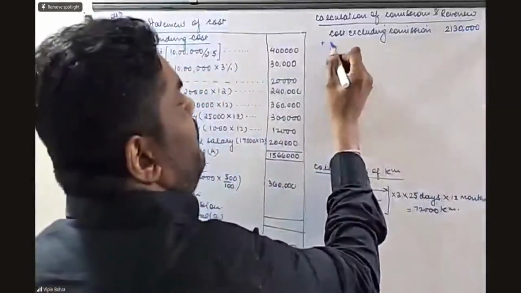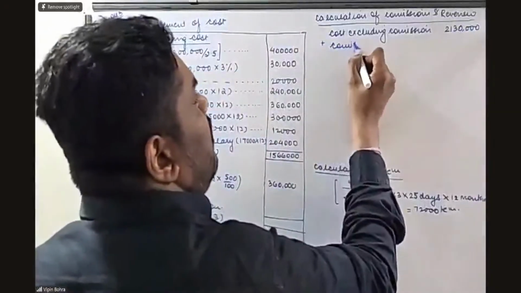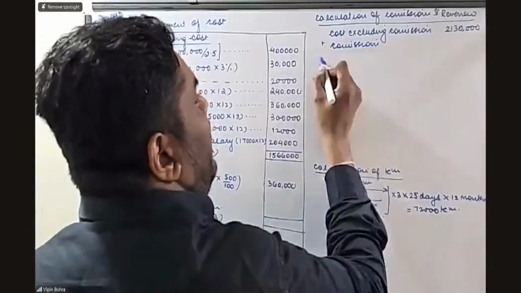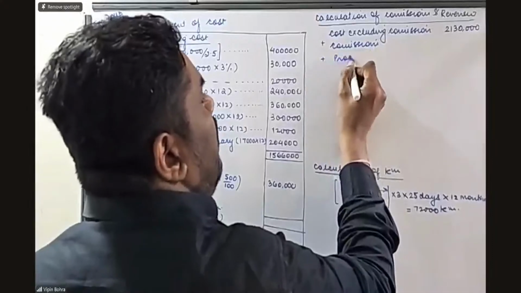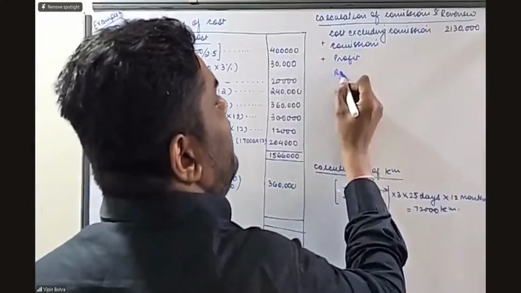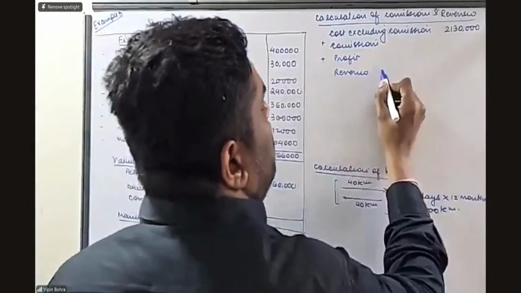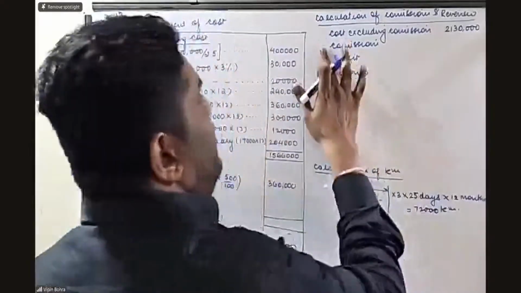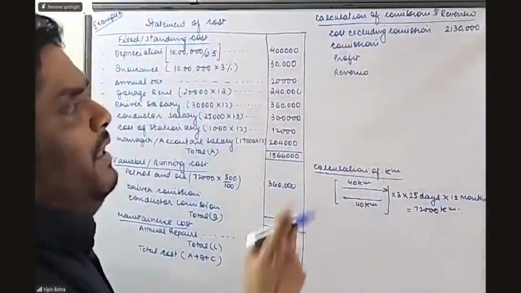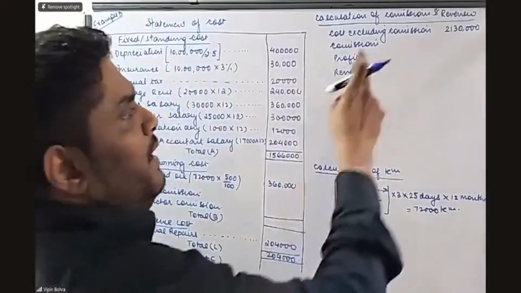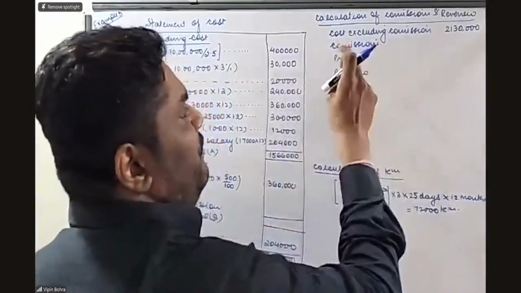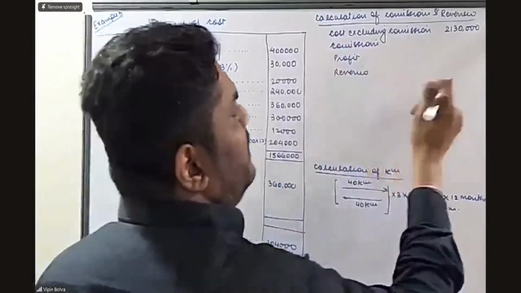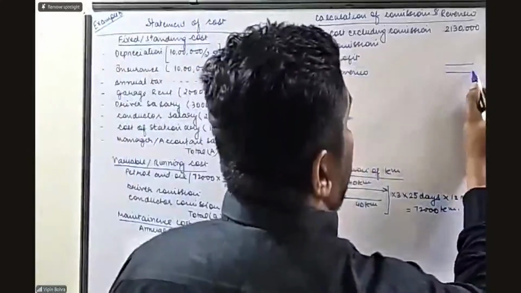In this, if we add commission and profit, we will get the total revenue.